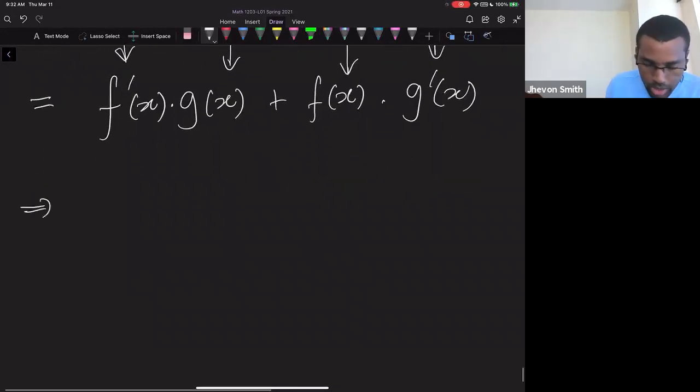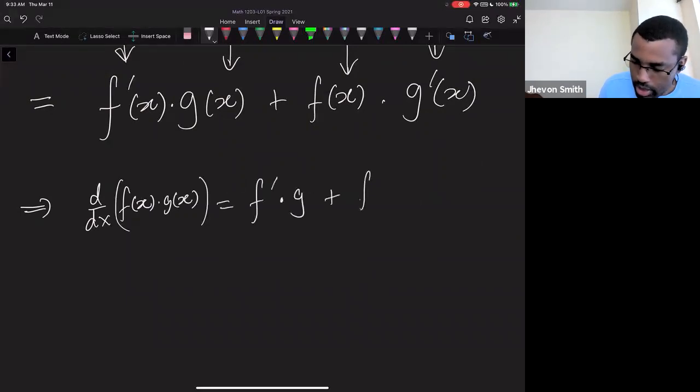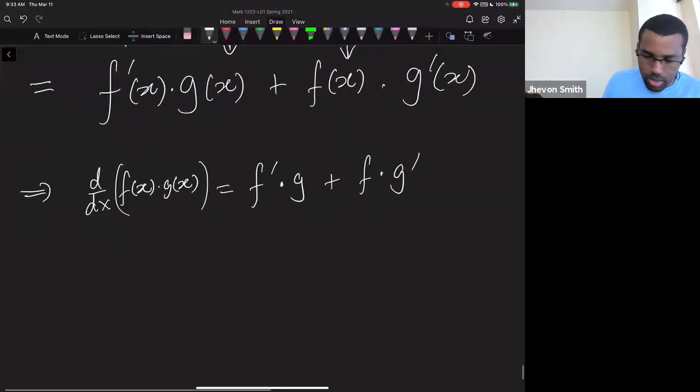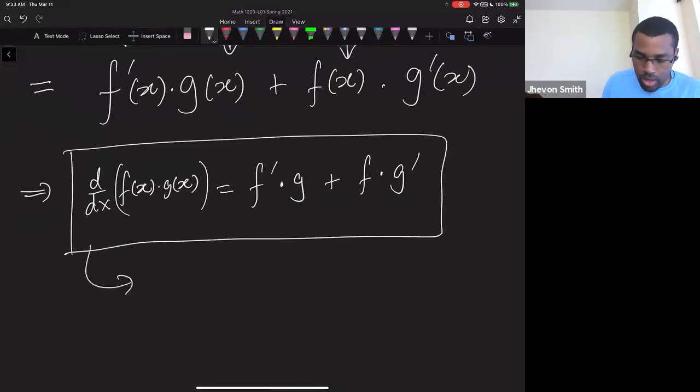So the derivative of f of x times g of x is equal to f prime times g plus f times g prime. This is called the product rule.